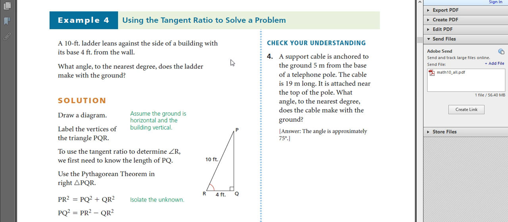This is also a word problem. It's a very easy problem.